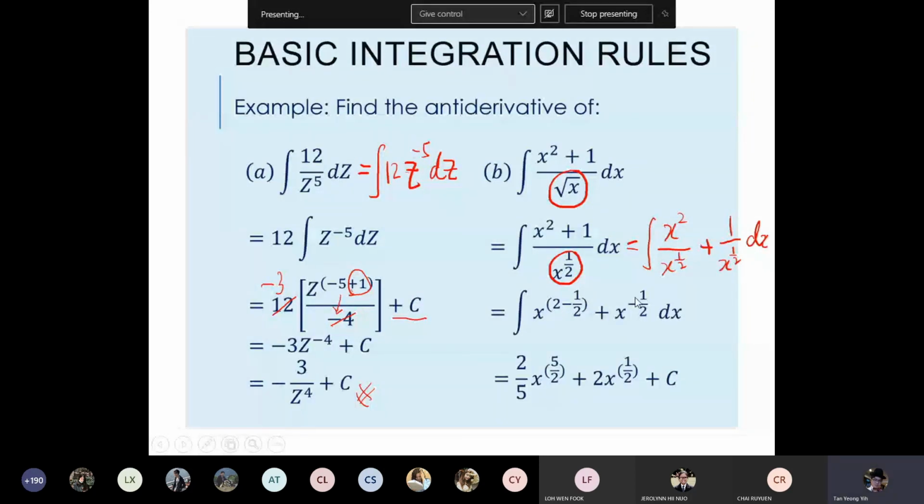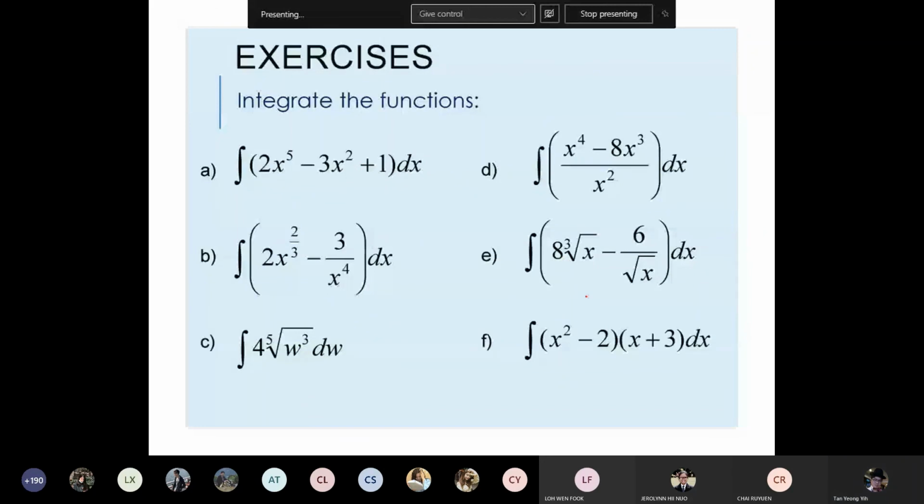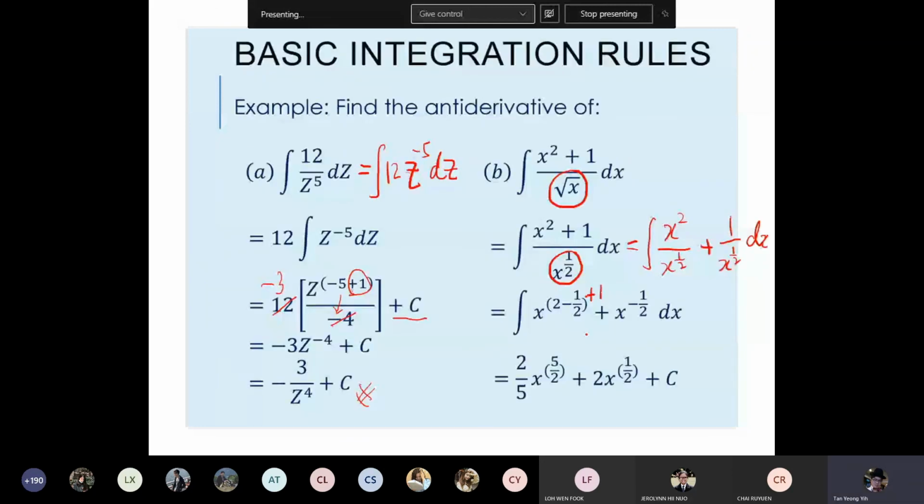After that, we are going to integrate from here. This one, what do we get? 2 minus 1 over 2. Student, 2 minus 1 over 2, what do we get? We get 3 over 2, right? 3 over 2 plus 1, so we get 5 over 2.